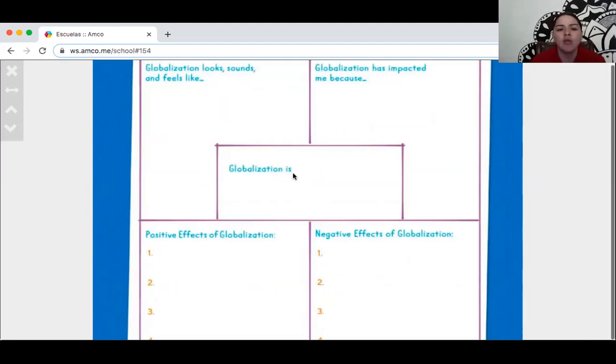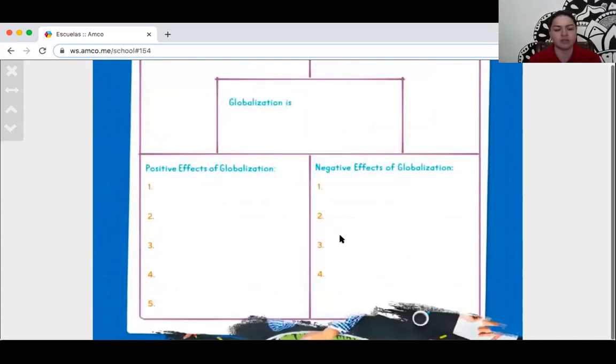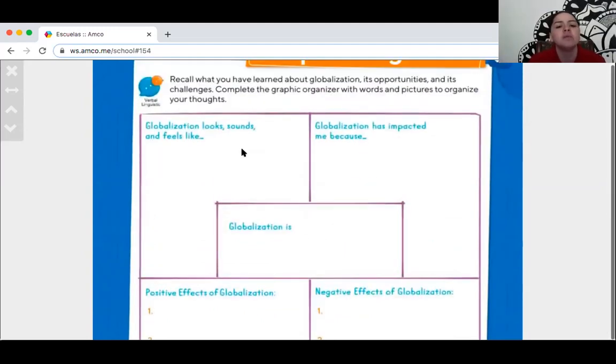Now you must think, how does globalization look, sound, and feel like? And you will answer these three in your own words. And then these both squares, you can answer by watching the video of globalization or just reading your book, okay? But these three need to be in your own words.